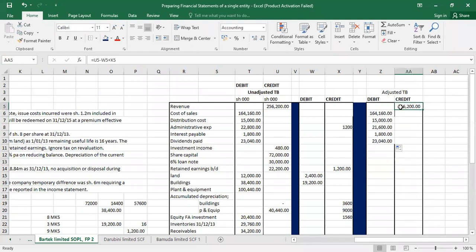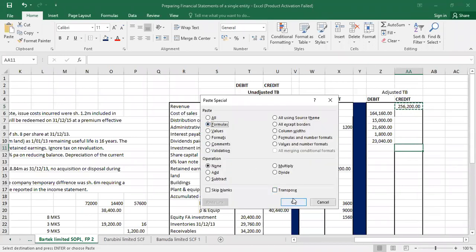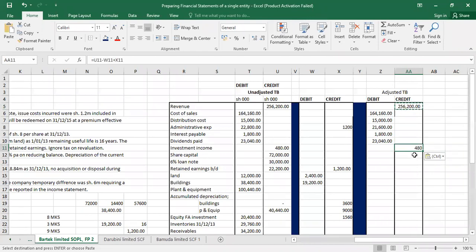So I'll copy here, Control C. Because this one is on credit side, that's why I'm copying. Control Alt V, then I copy formula, isn't it? Then I drag up to there, then Control C. So when you are copying, the formula has a higher priority.